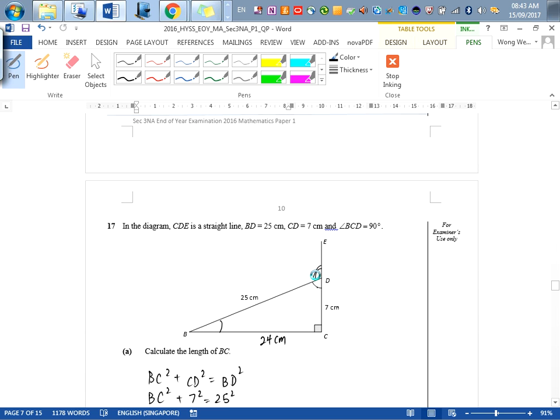BDE is over here, this angle. How to take sine of this angle? Is there a right angle triangle? For this one, if I join it up like that, I don't get a right angle triangle. Then how to find sine of this angle? Cosine rule?